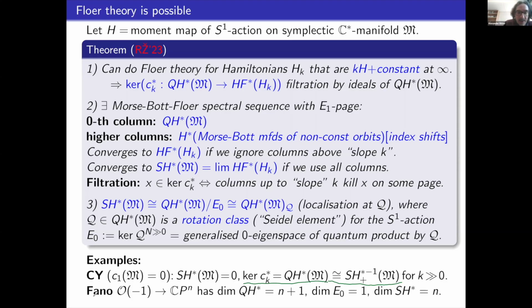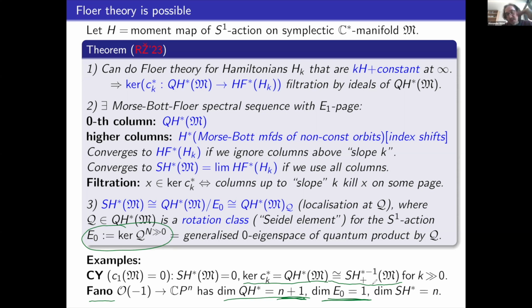Now, if you are in non-Calabi-Yau cases, like Fano cases, the story becomes more complicated. And sometimes not all classes in quantum cohomology die via these continuation maps. So for example, for O(-1), the O(-1) bundle over CP^N, the ordinary cohomology is just the same as the cohomology of CP^N, so it's n plus 1 dimensional. But what happens is that these kernels, this E0, becomes one dimensional.